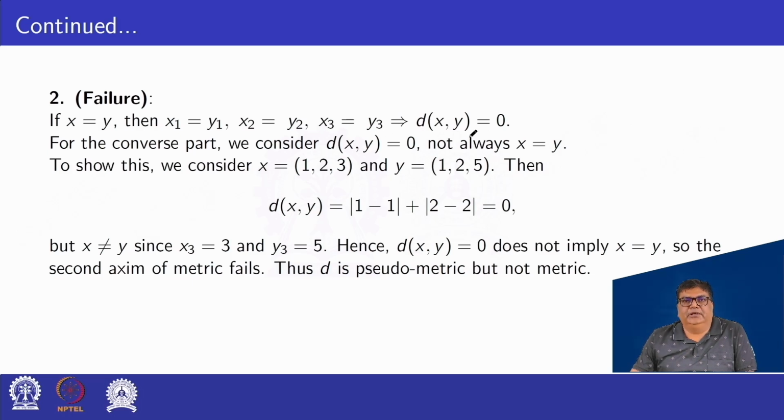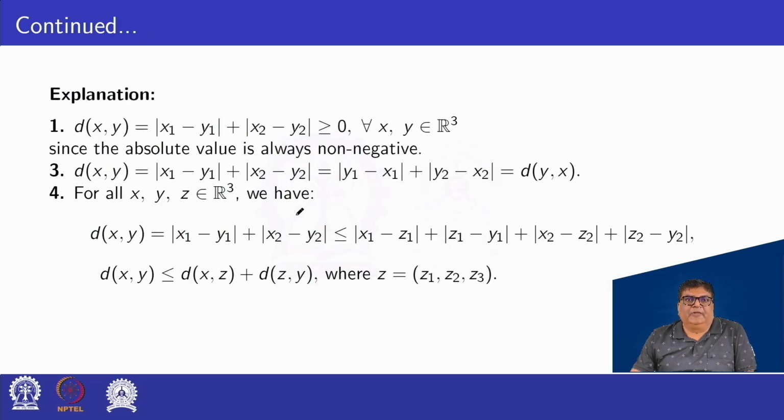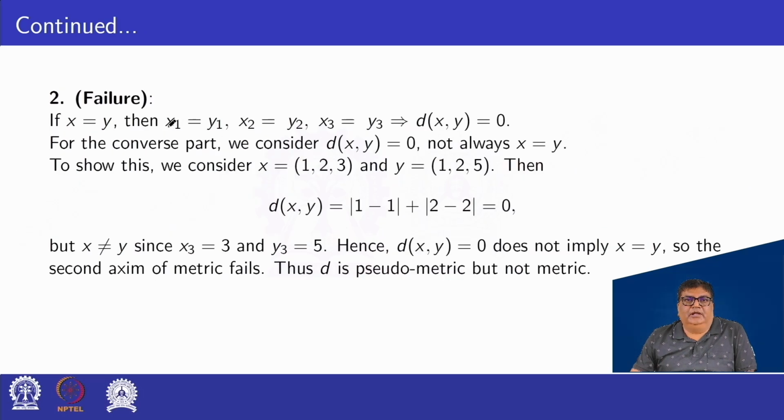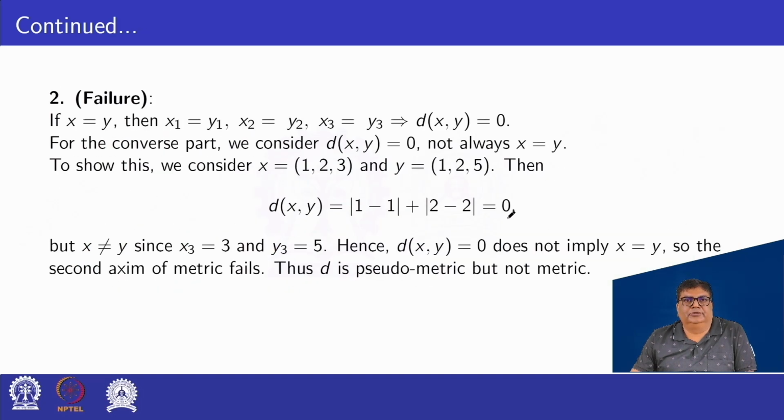This implies that dxy is equal to 0, because here defined dxy is equal to |x1 minus y1| plus |x2 minus y2| only, the distance function defined in the xy plane. So x1 is equal to y1, x2 is equal to y2 and x3 is equal to y3. Then as per definition, x1 minus y1 is 0, x2 minus y2 is 0.